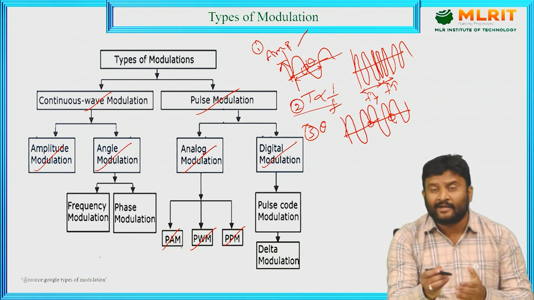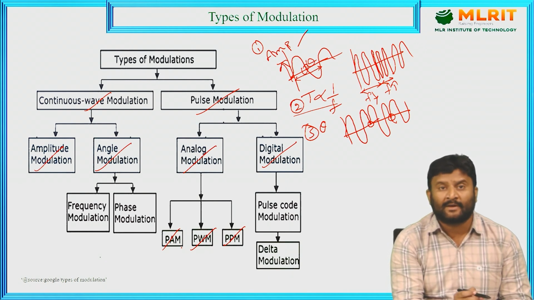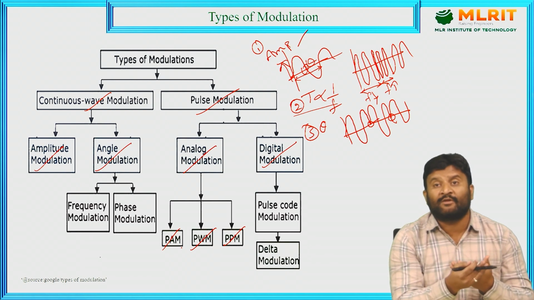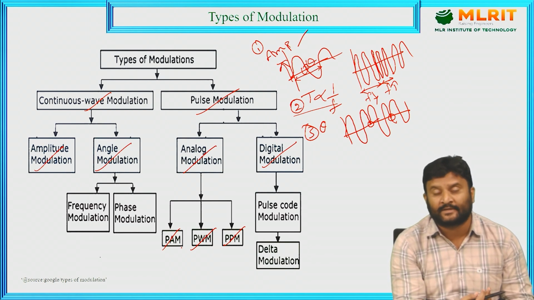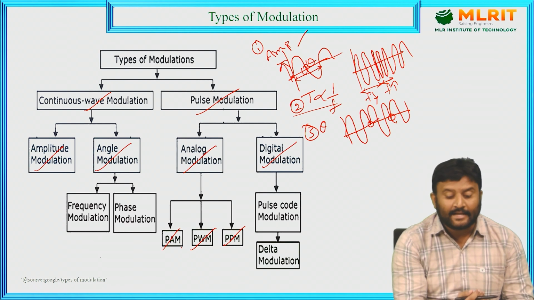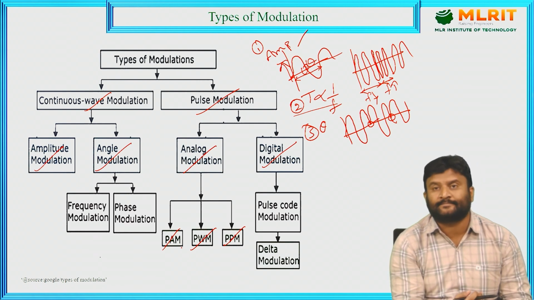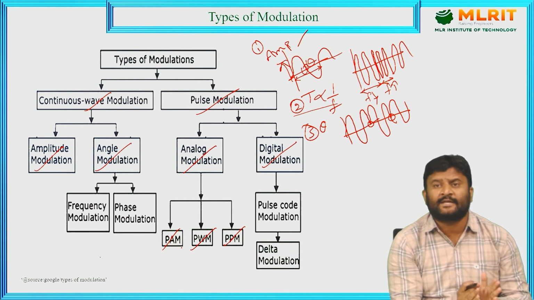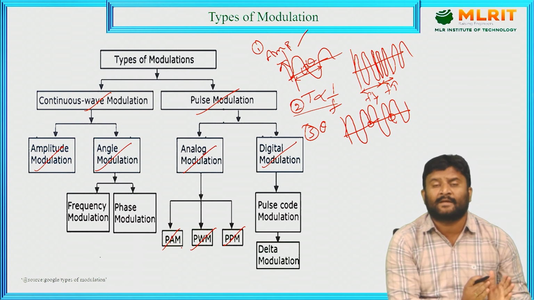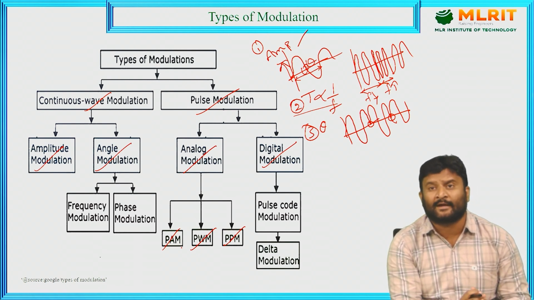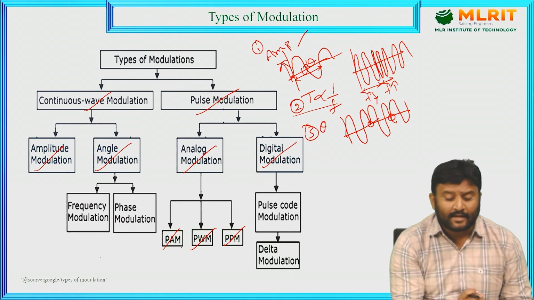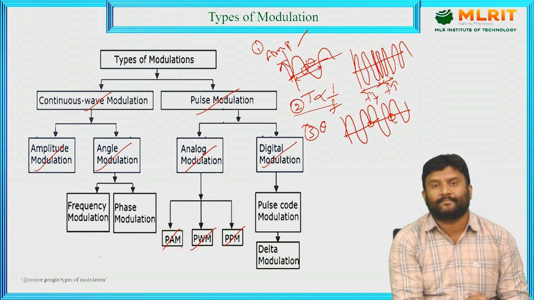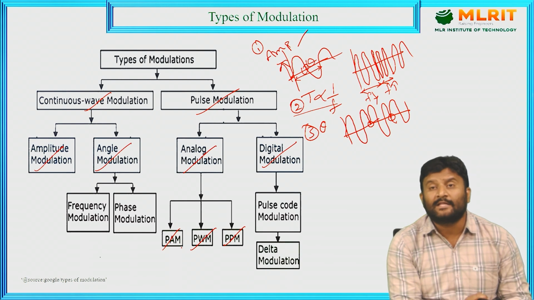I will give the next lectures on these one by one. What is PAM? How can we observe PAM, how the amplitude varies with respect to the pulses of the message signal. Likewise, digital modulation techniques. In the digital modulation techniques, the message and carrier are not analog. Some examples are pulse code modulation, PCM, and the second one is delta modulation.